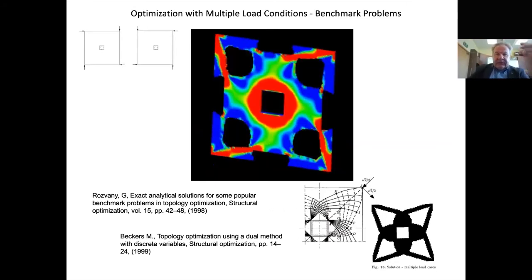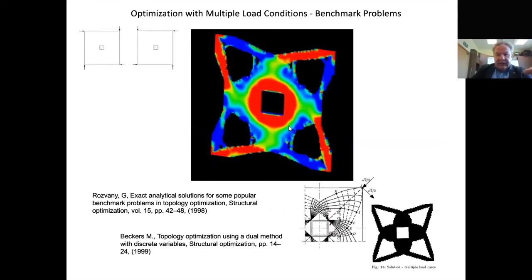Of course, we can now exploit this lazy zone concept. Yeah? So here you can observe two different load cases. You can rotate this square to the right or to the left, clockwise or counterclockwise.